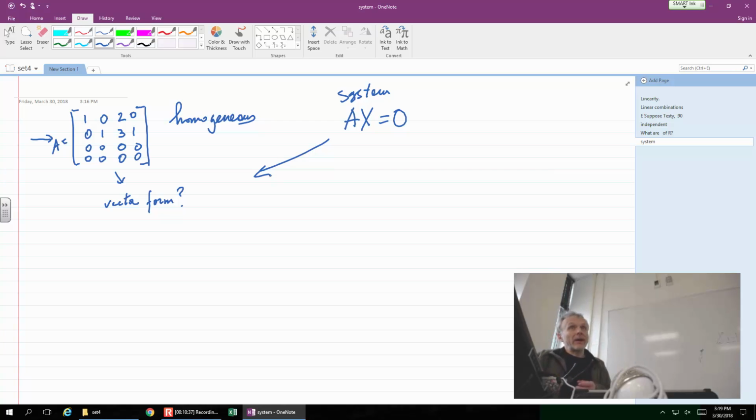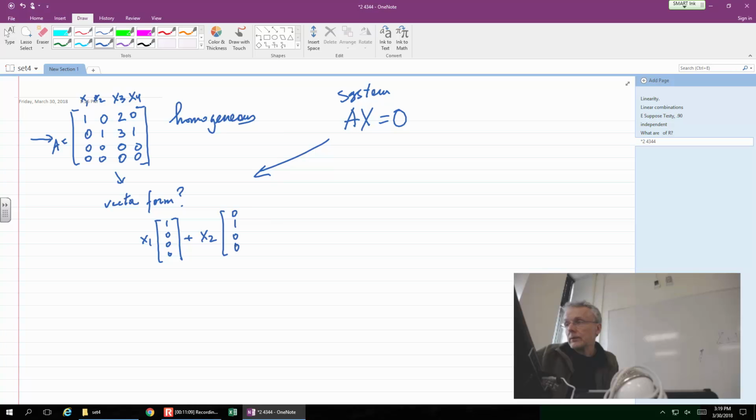It is, in fact, a linear combination of the columns of the matrix. Remember, we're looking for x1, x2, x3, x4, the unknowns. They serve as the coefficients of these vectors that together form a linear combination.